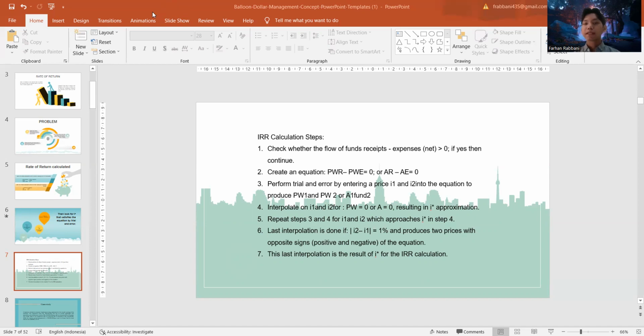Five, repeat steps three and four for i1 and i2, which approach i in step four. Six, interpolation is done until i2 minus i1 is equal to 1% and produces two values with opposite signs, positive and negative, of the equation. This last interpolation is the result of the ROR calculation.